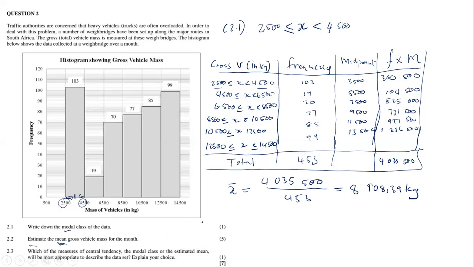Now, I'll take the questions after this, so let me just be quick. So 2.3 says to us, which of the measures of central tendency, the modal class or the estimated mean, will be most appropriate to describe the data set?